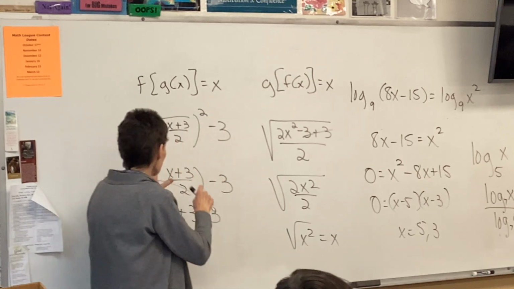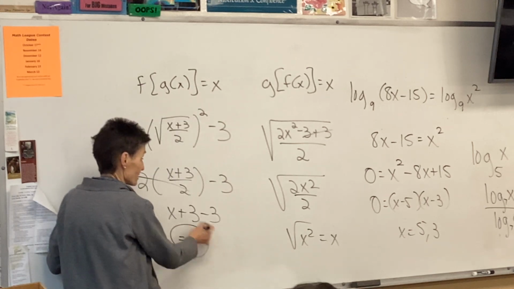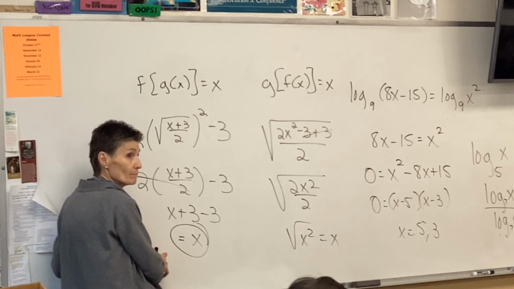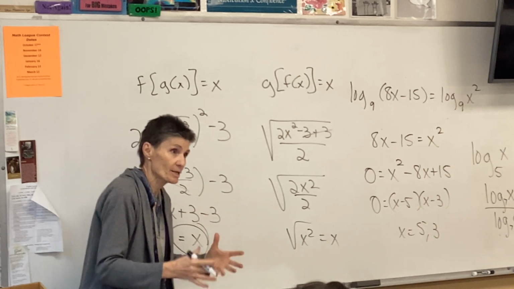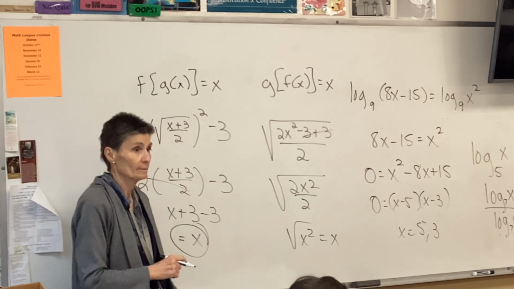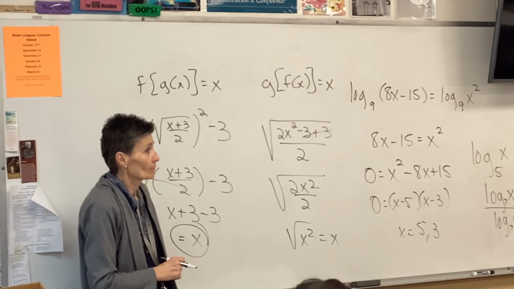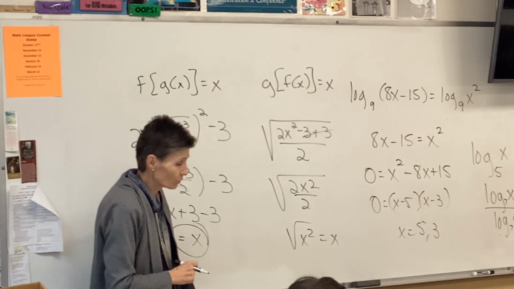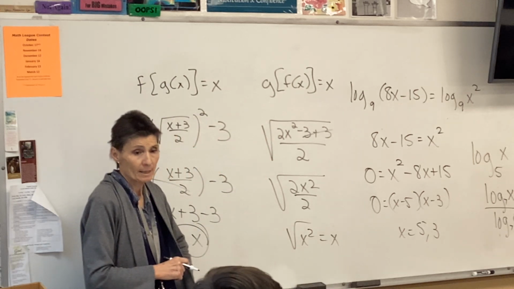Yep, your answer is that the composition works out to be x. In other words, when you make the composition, everything cancels but the x, both ways, f of g and g of f. Okay? Joey, did you have a question? Anybody else?